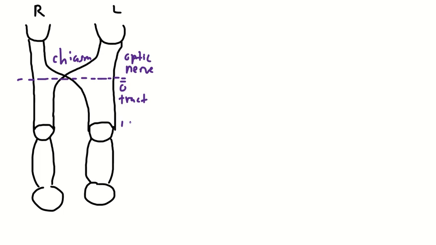This is our lateral geniculate nucleus, and this is our optic radiation. This is the occipital lobe.